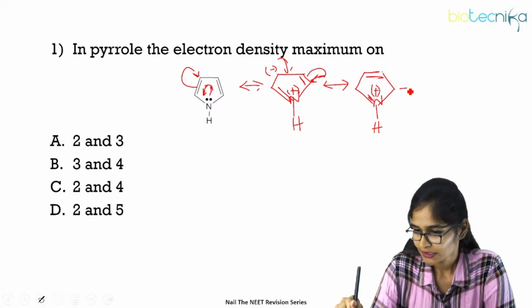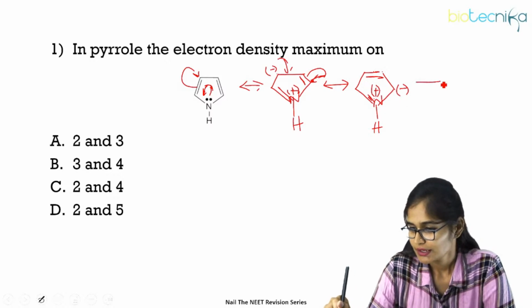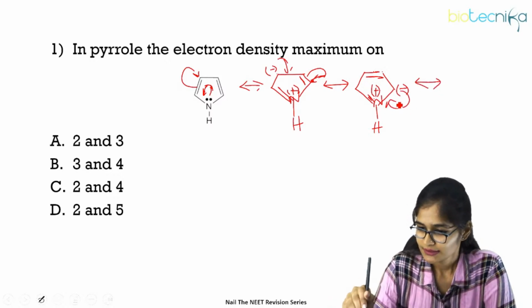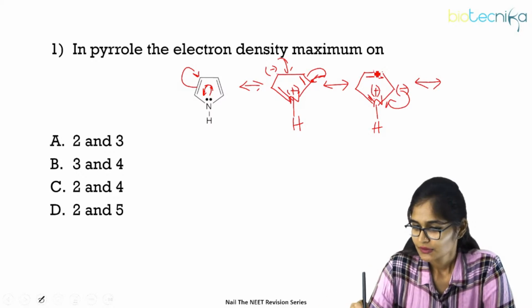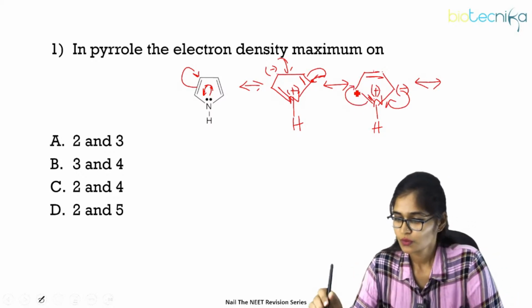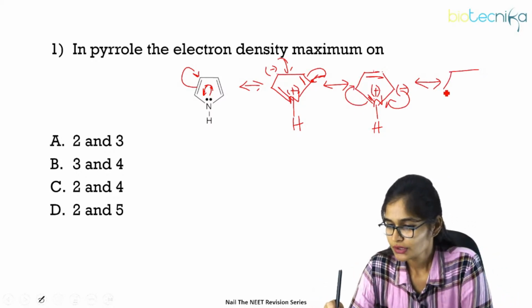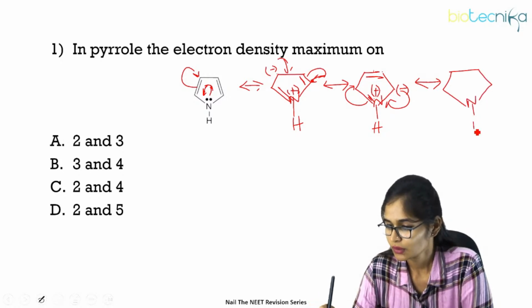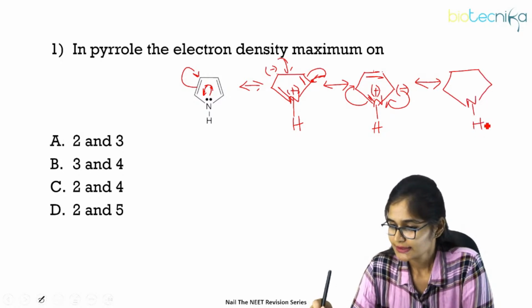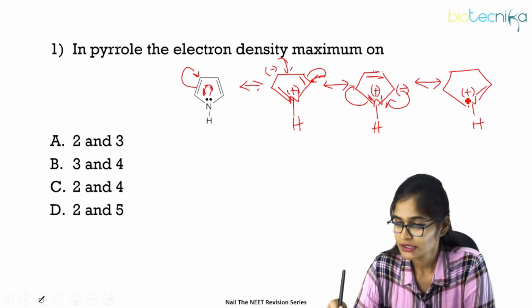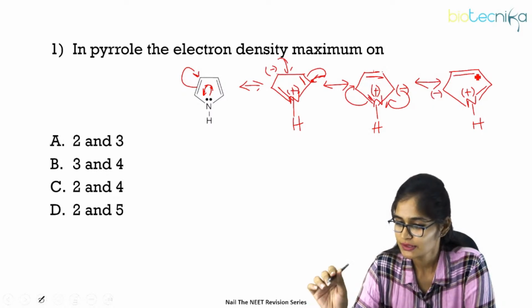Apart from that, the negative charge you can show here. And next, again you have to shift the bond, so now it will be shifted once again here. Now the ring which is carrying charges, you have to concentrate more on. So now you can see the double bond here, and again nitrogen is carrying a positive charge. Apart from that, this carbon is negatively charged and this bond is as it is.